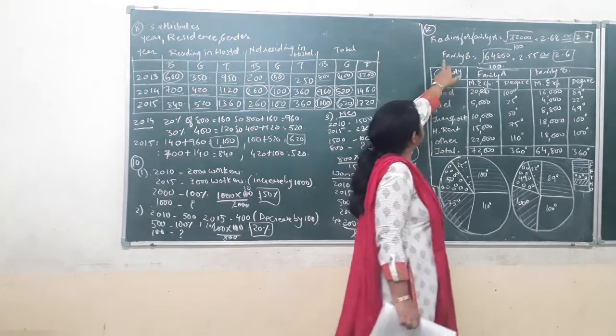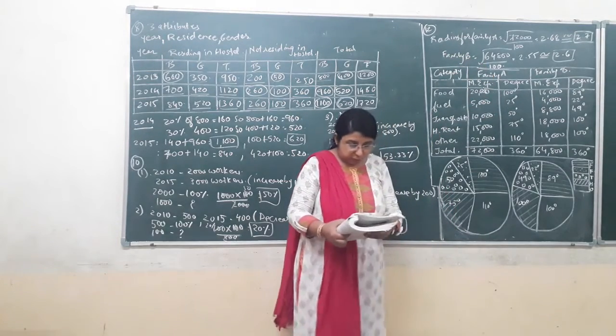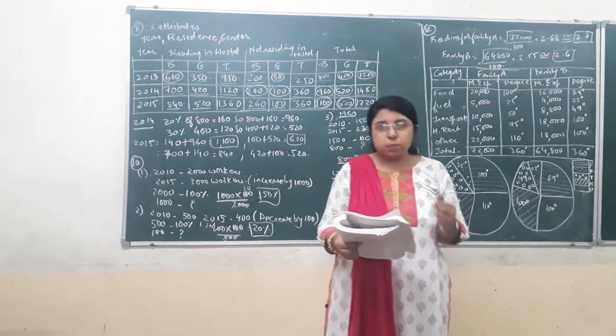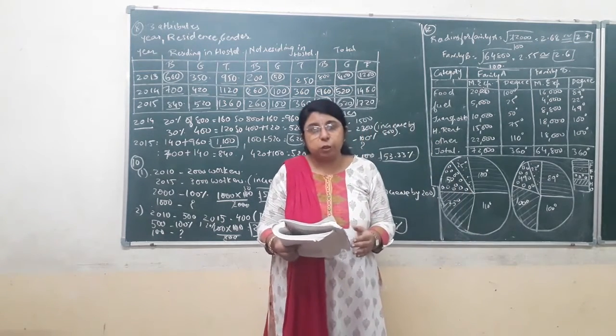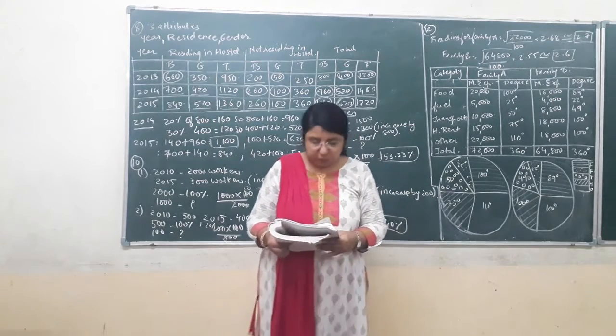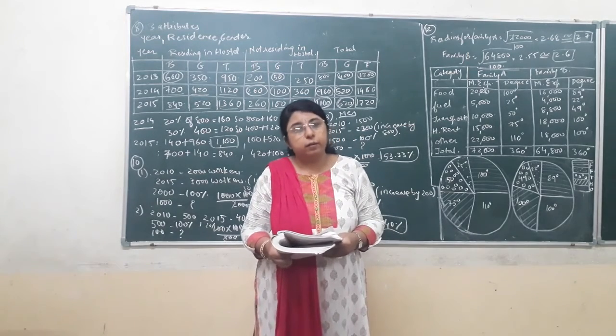Here you can see I have shown the calculation of the radius for family A. Now the total of the expense: as you can see in the question, there are family A and family B. The monthly expense of both the families is given to you, and that is divided into 5 different types of expenses, that is food, fuel, transportation, house rent and other expenses.